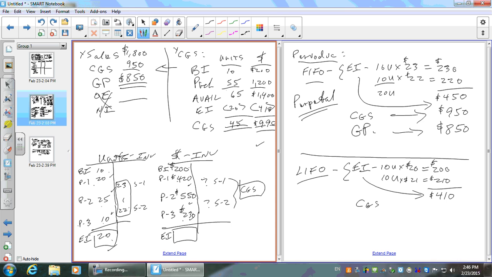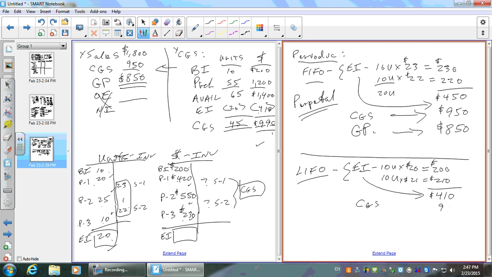Because obviously 990 plus 410 has got to be the 1400. What you have left plus what you sold has to be what you had. Everybody got this? When the numbers start moving around, oh my gosh, it's hard. But once you see it, it's not a big deal. So what's my cost of goods sold, everybody? 990. Excellent.